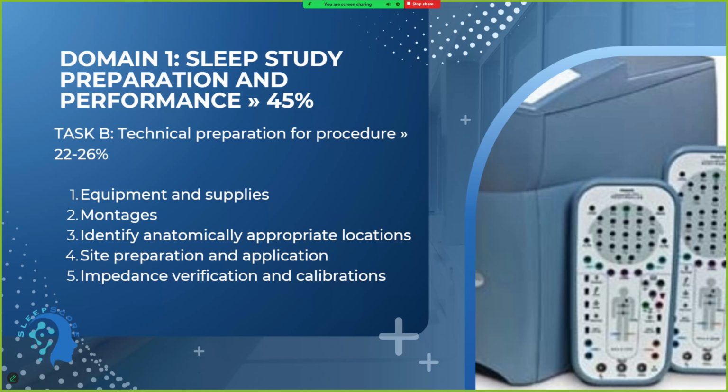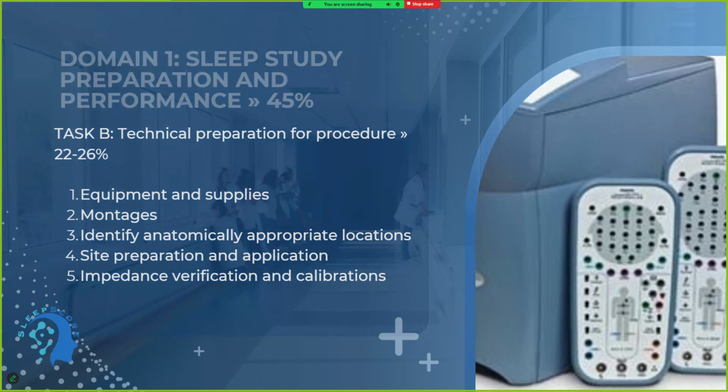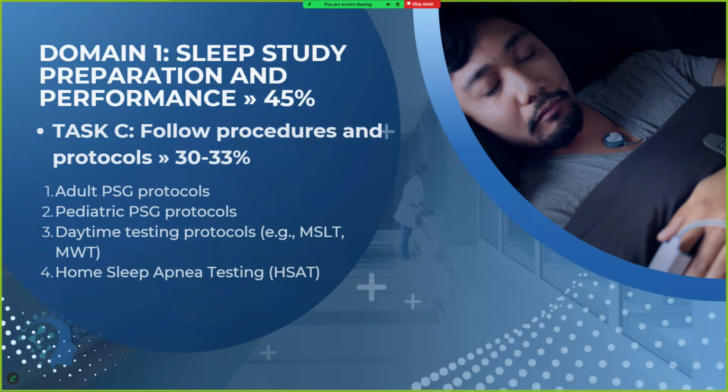That means you have to prepare your locations, and prepare the cart where you're going to put different things, before the patient comes in. And after that, once you start your hookup, you have to do impedance verification and calibration, to make sure that your machine is working well.